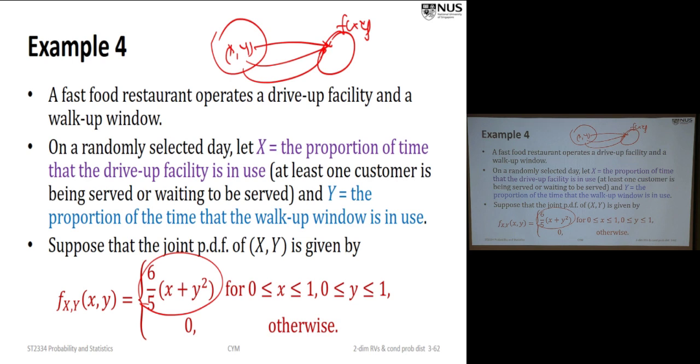Outside that region, it does not equal that expression. You ask, then what is it? Otherwise, outside that region, f of xy equals 0. So it's important to know this functional form in this question is only valid for x between 0 and 1 and y between 0 and 1.